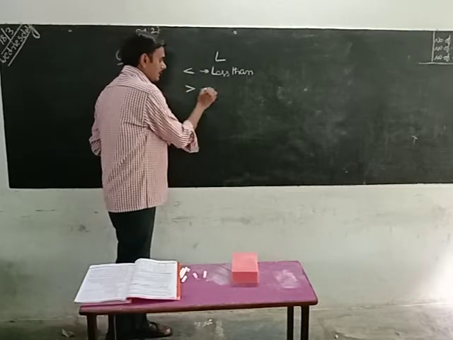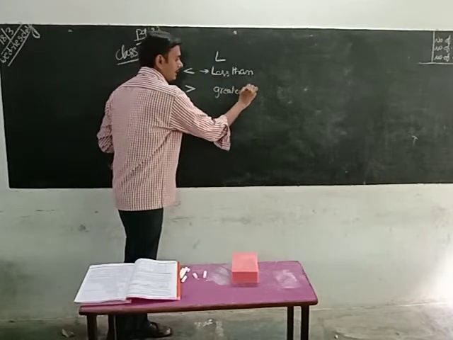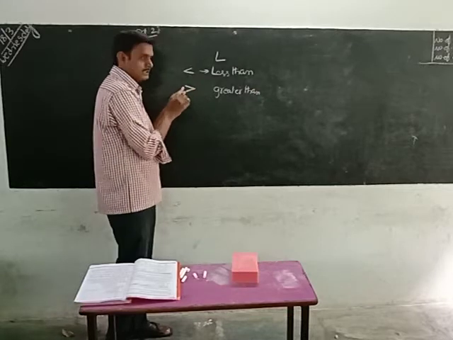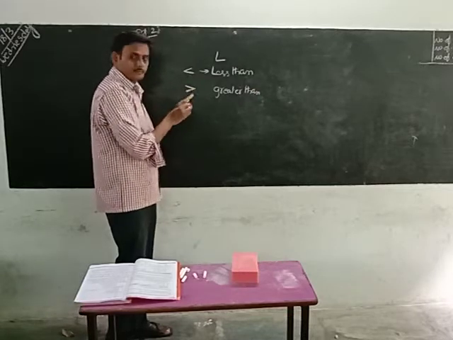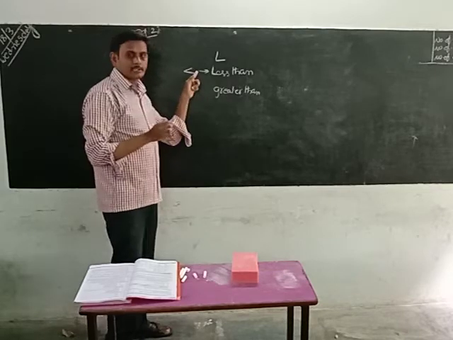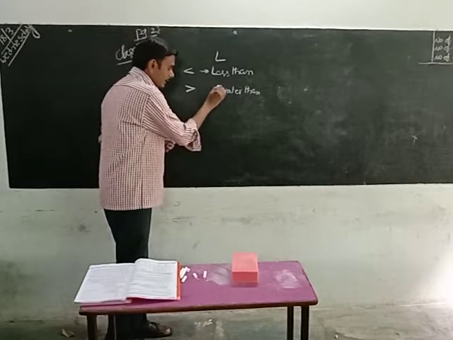If you take this symbol, it is opened at the right side. So for greater than, if you consider the spelling, we take a small letter g for greater than. Here the right side is open, and here the right side is narrow.